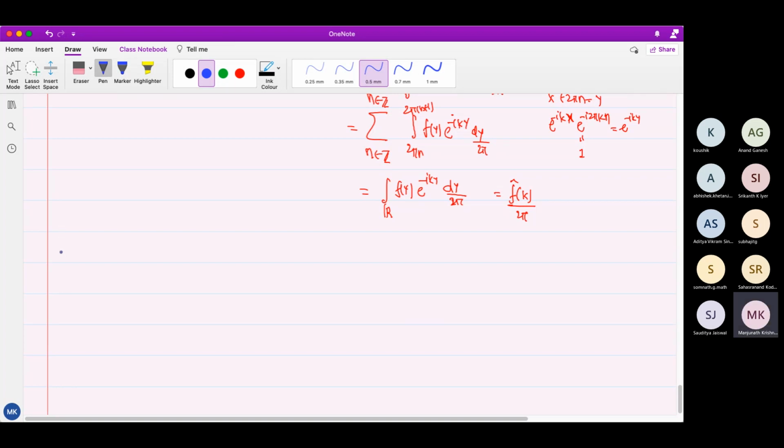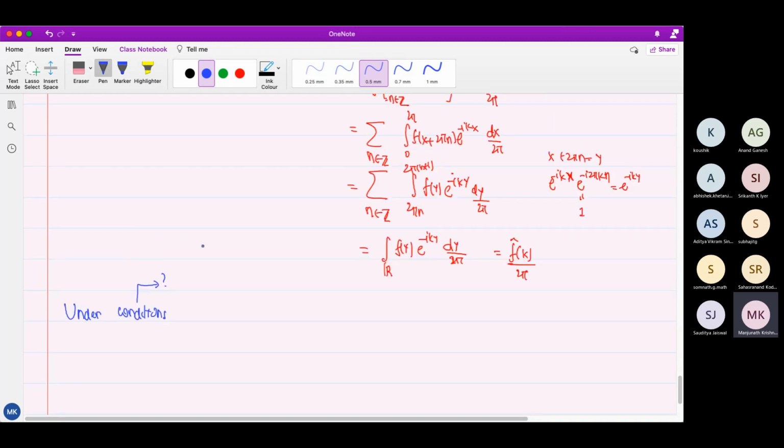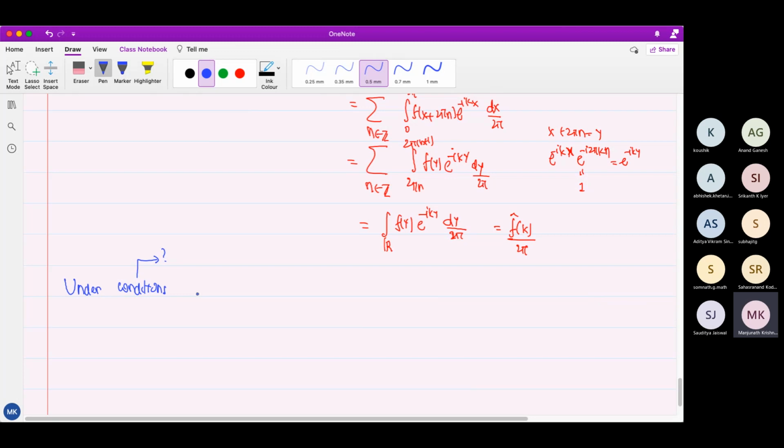so under some conditions, okay, so we will have to come up with what those conditions are. How do you write a function in terms of its Fourier coefficients?